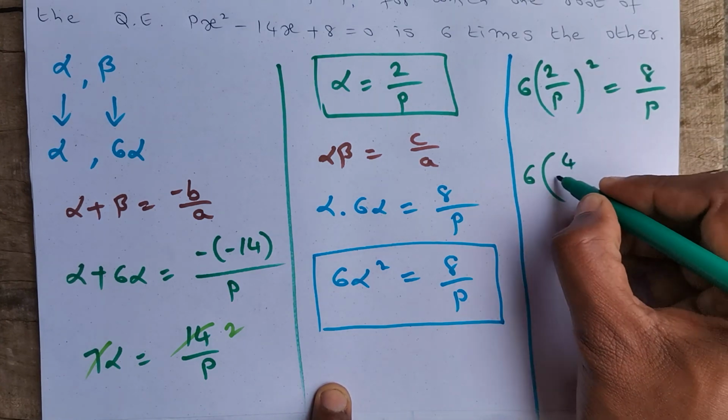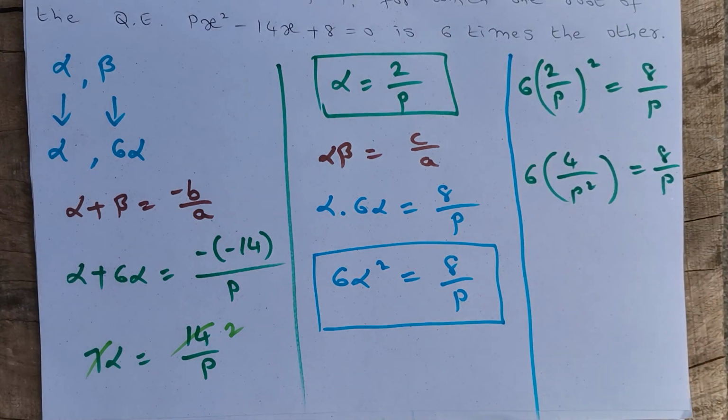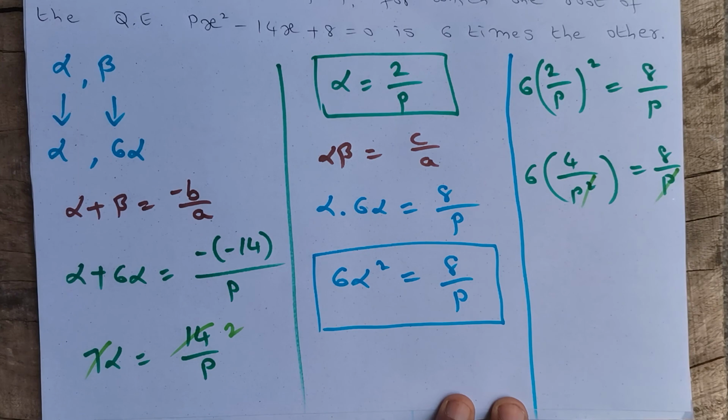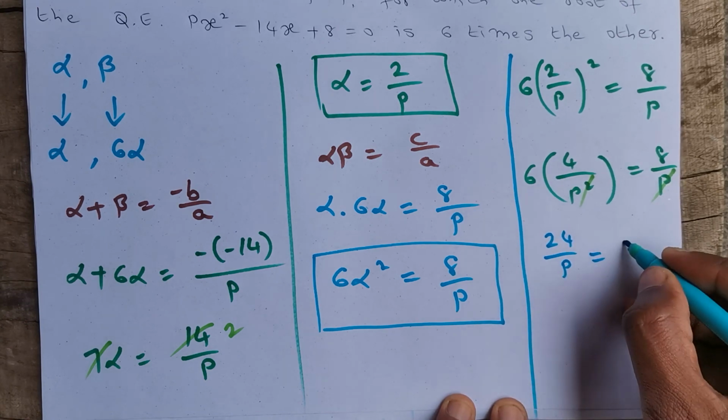So 2 square 4 divided by p square is equal to 8 by p. On the left side in the denominator we have p square. On the right side in the denominator we have p. So here p will cancel with p square. So we remain with 6 4s are 24 divided by p is equal to 8.